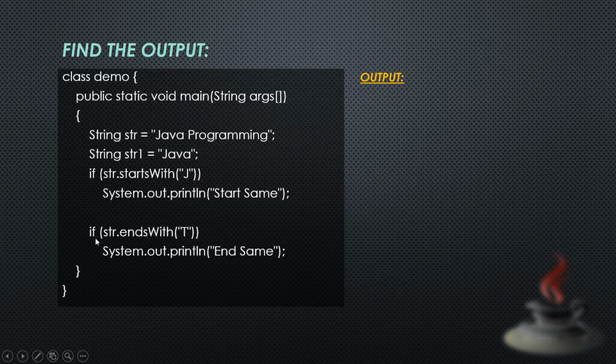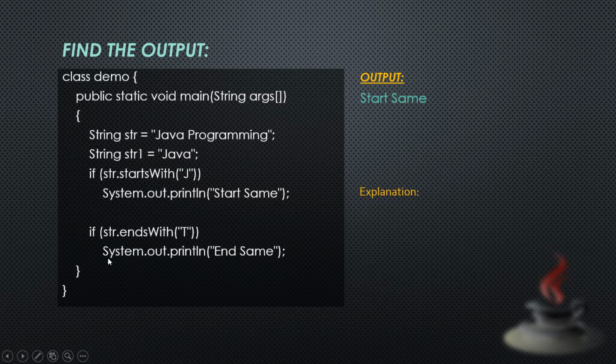And similarly, if str.endsWith("t"), it checks whether it is ended with t or not, so it is System.out.println("end same"). So what is the output? Here that is start same. Why will it not print end same? If you see the string str, the string is not ended with the t character, so the condition is not satisfied, and the endsWith method returns a false value.